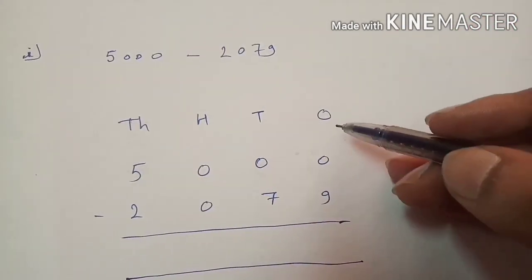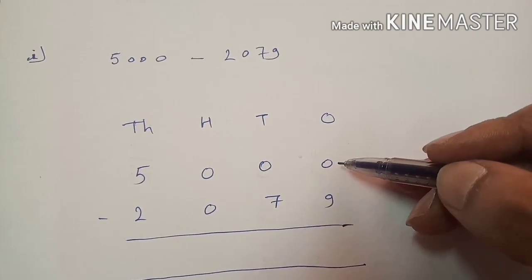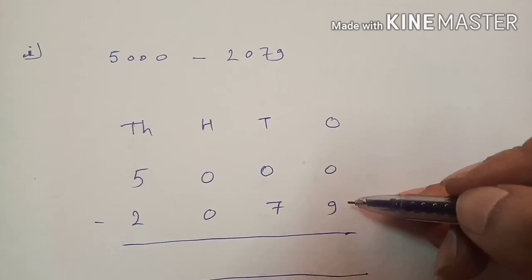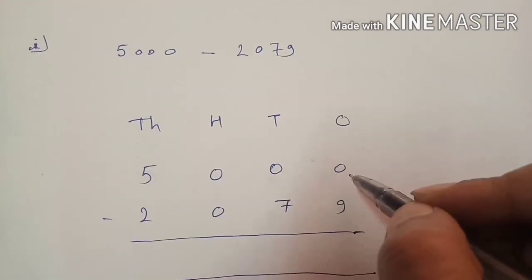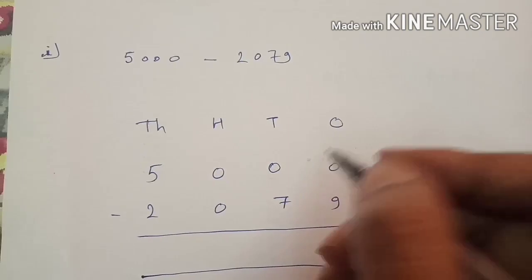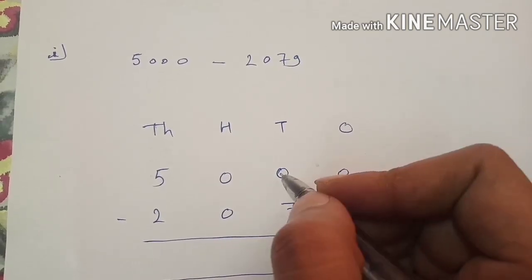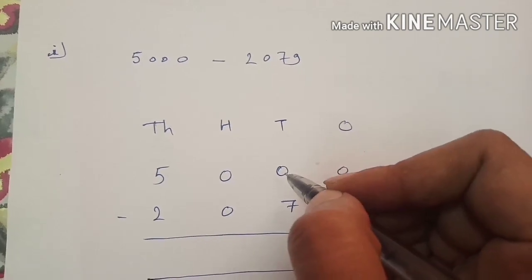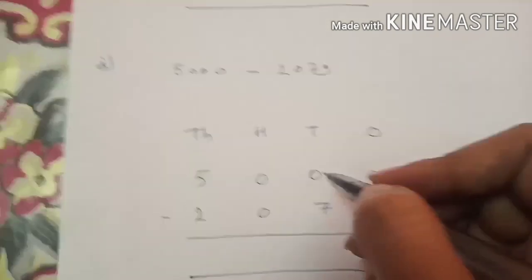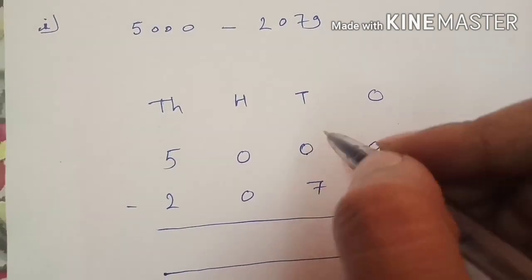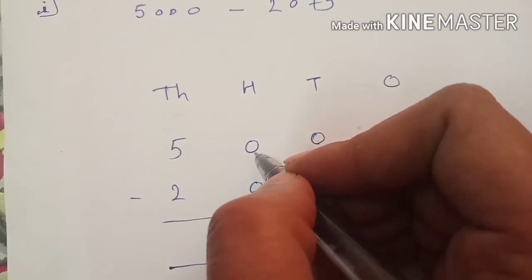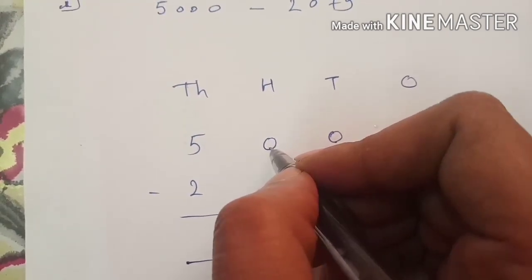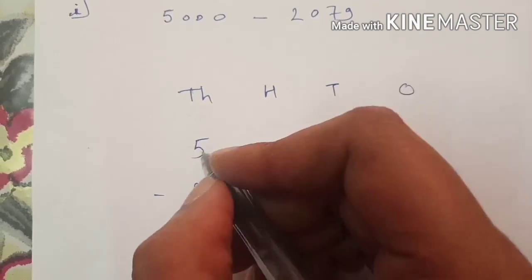So here you can see 0 is a small number, our minuend is small and our subtrahend is large. So here we can't subtract. This 0 has no number to borrow from, so it will take a borrow from 5.